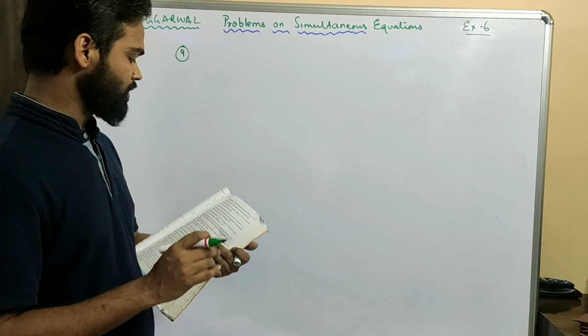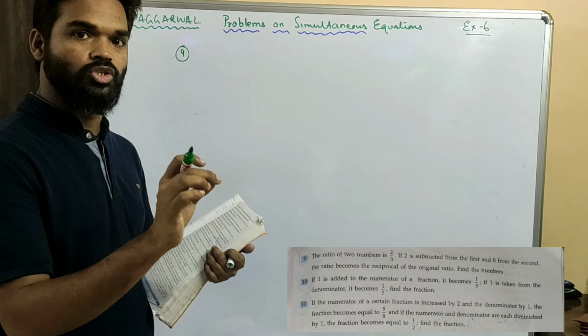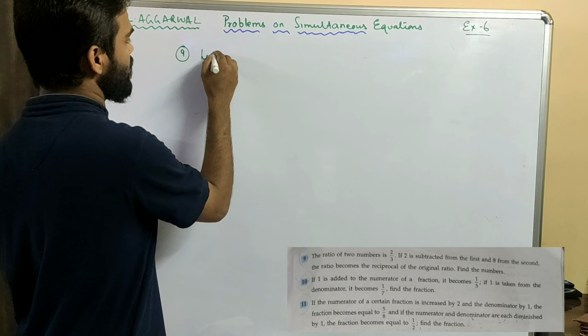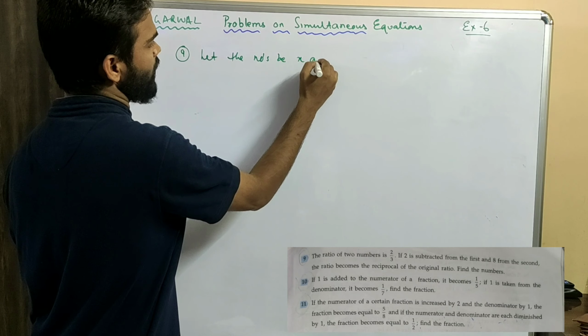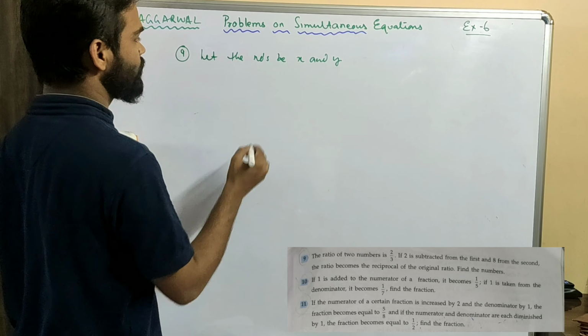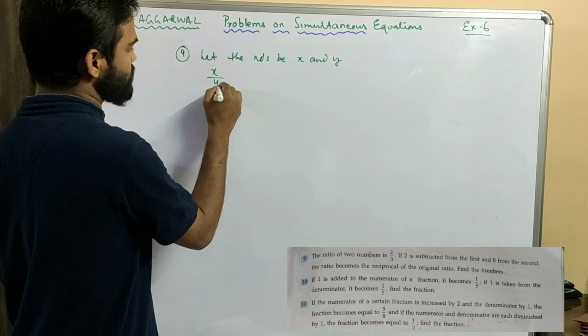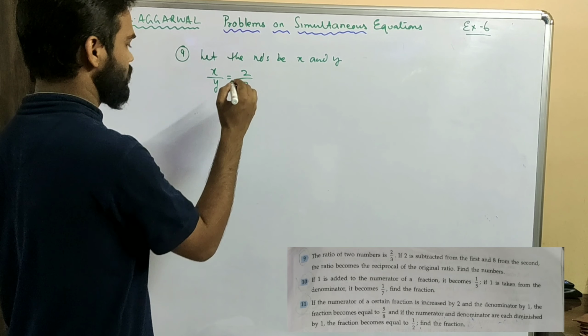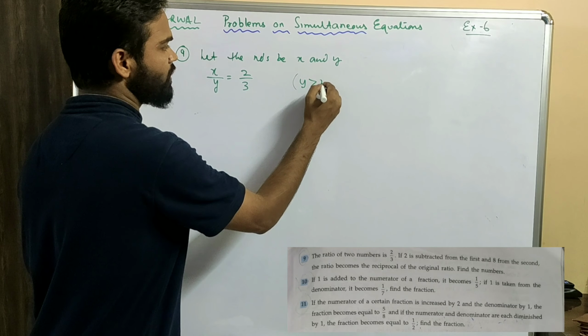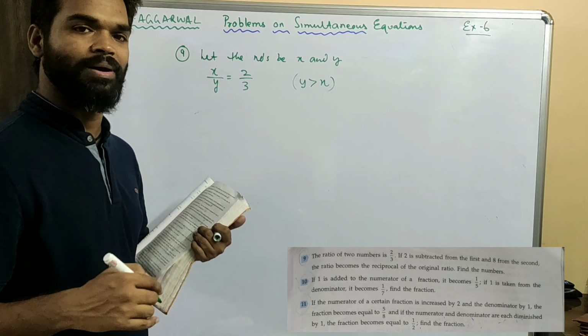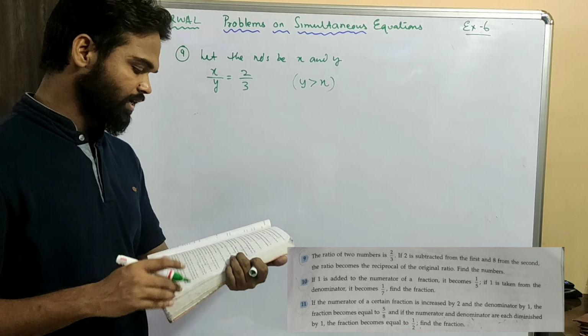Now look at sum number 9. The ratio of two numbers is 2 by 3, which means let the numbers be x and y. Okay? Then they have clearly told x by y is 2 by 3. Now if you look carefully, can I say y is greater than x? Because x by y is 2 by 3, which means y has to be greater than x.